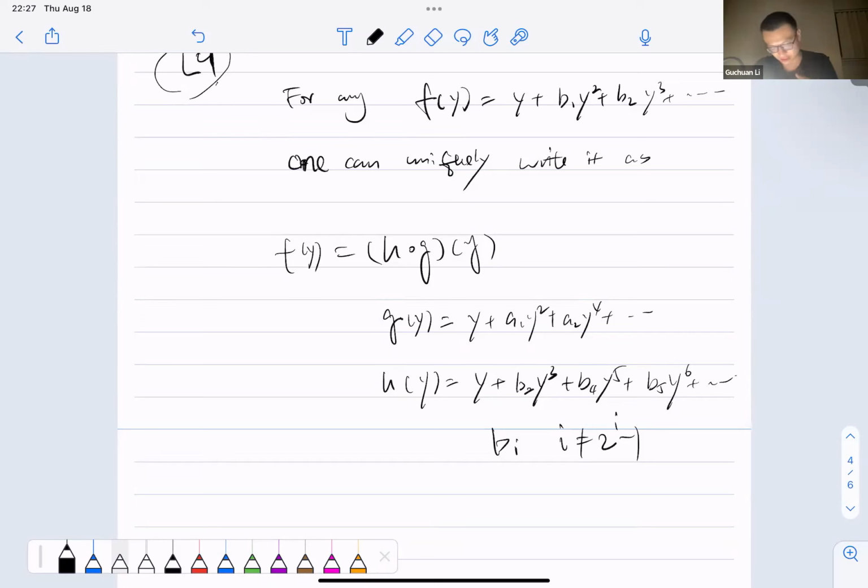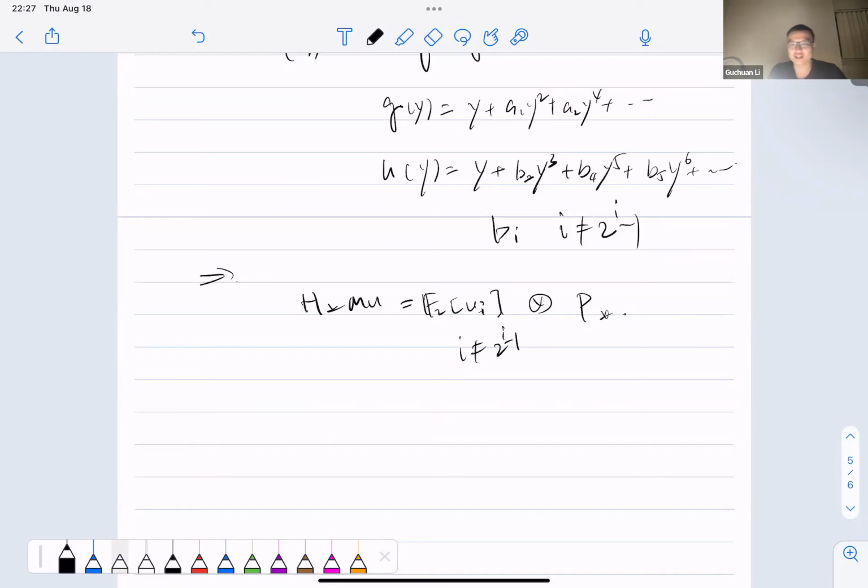As a consequence, H star MU can be written as a tensor product, where one part has only the generators, let's call them u_i, with i not 2 to the power i minus 1. The other part is just P star. So g is given by P star. That's how the action works on this additive formal group law. So this is the interpretation of the structure theorem from the last lecture.